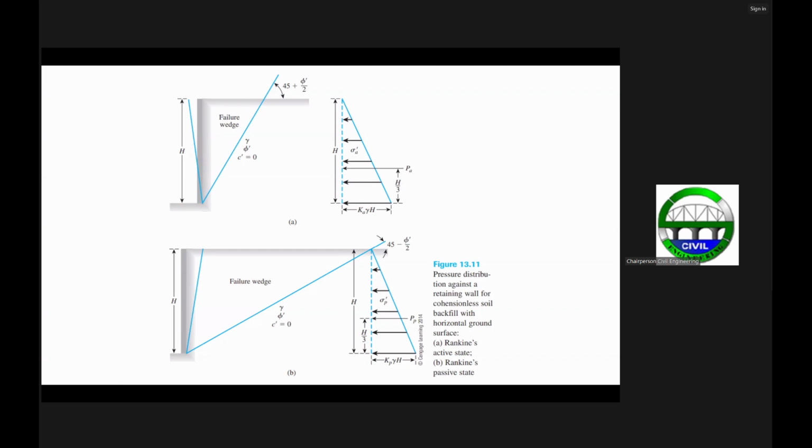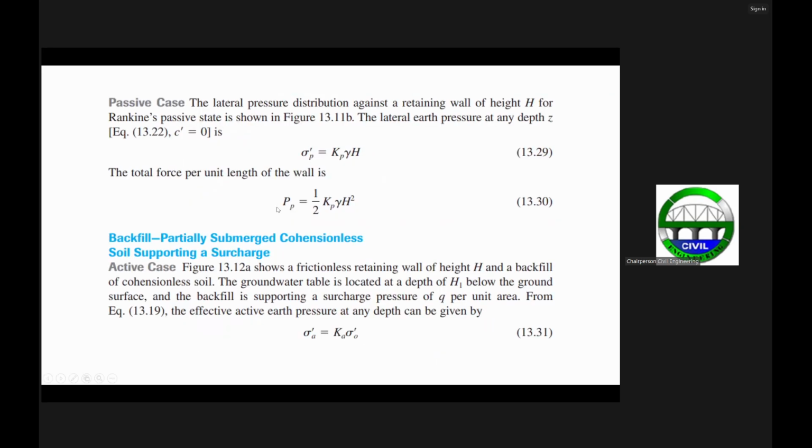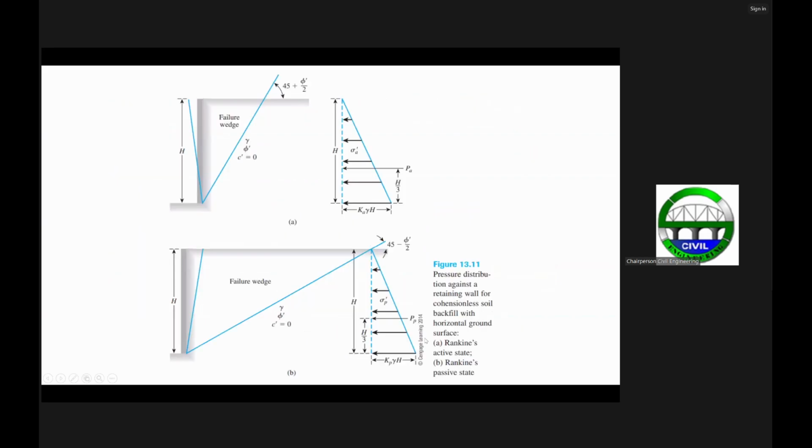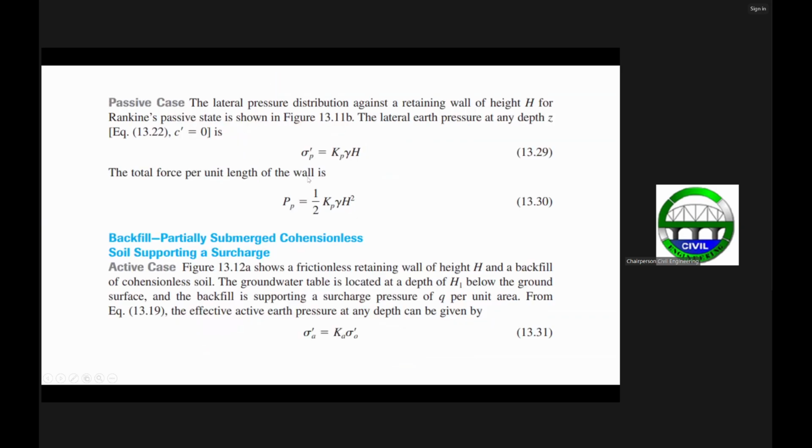And then for the passive earth pressure, the total passive force per unit length is just the area of the pressure diagram, which is one half H times the passive earth pressure, this term here.